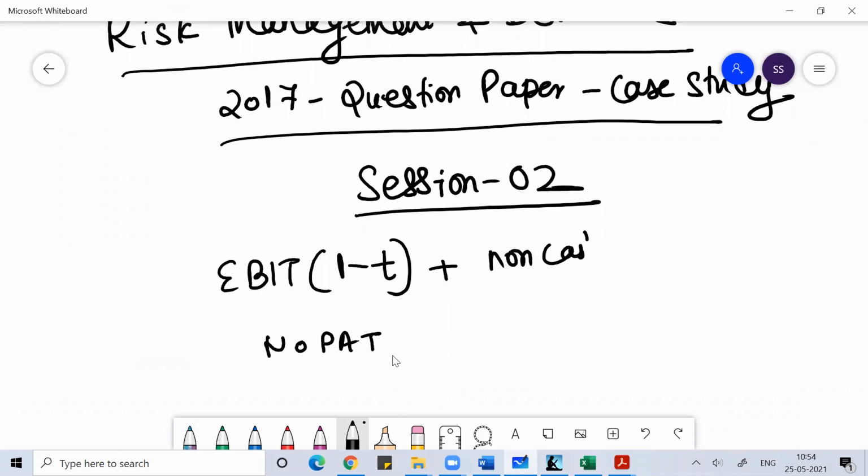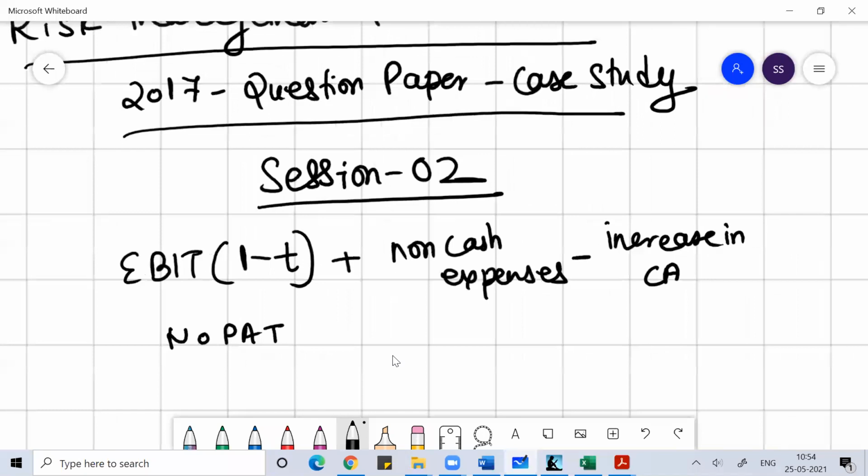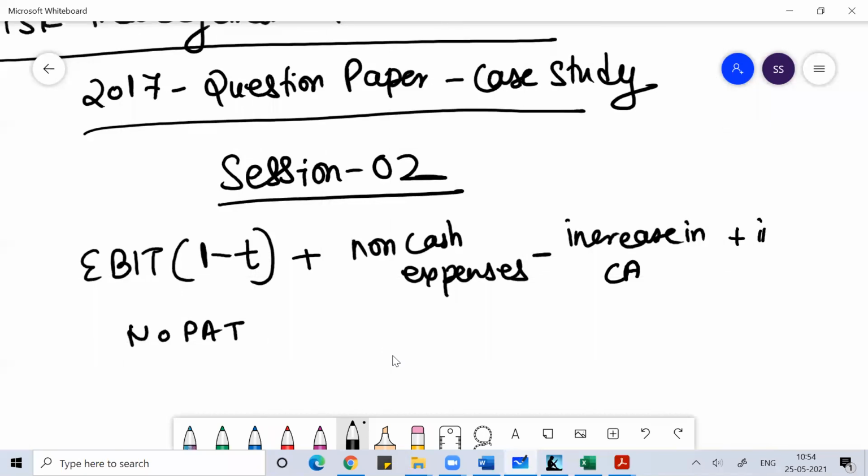You can write this as plus non-cash expense, minus change in net working capital, that is, minus increase in current assets, and plus increase in current liabilities.